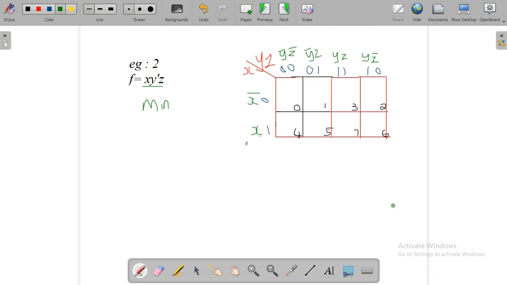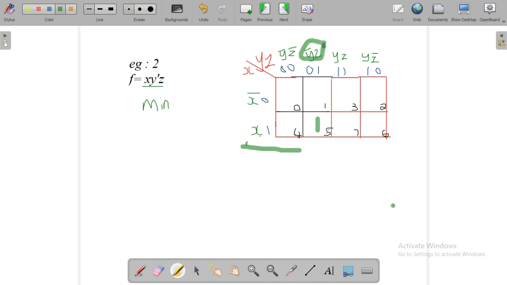Here we can map the value: x is this row, and y dash z is this column. So we place the value 1 where they meet, for x y dash z.